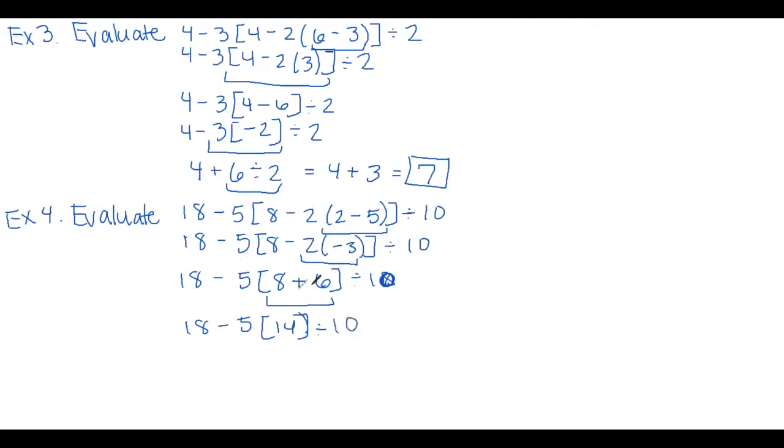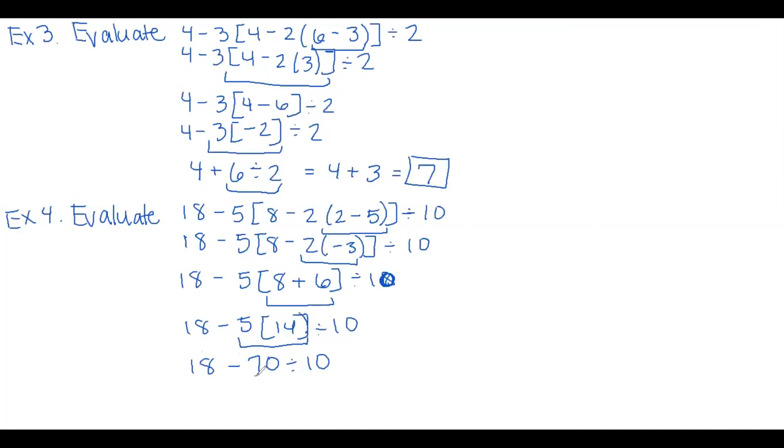All right. Now we have subtraction, multiplication, and division. So we need to multiply first. So we've got 18 minus 70 divided by 10, because negative 5 times 14 is negative 70.